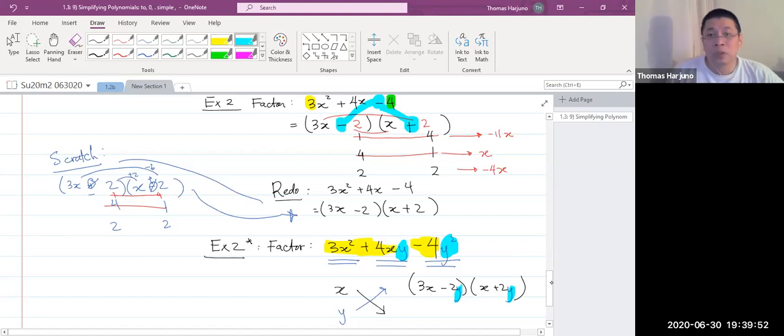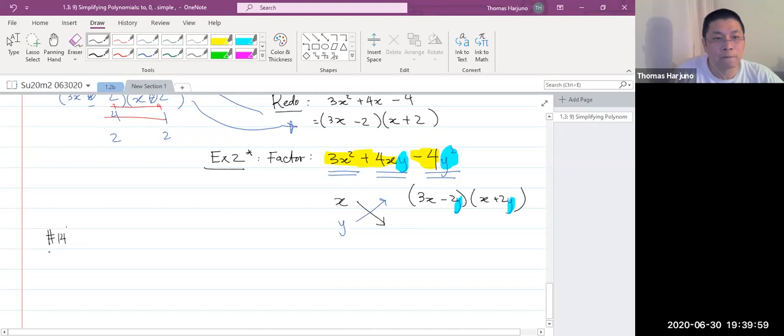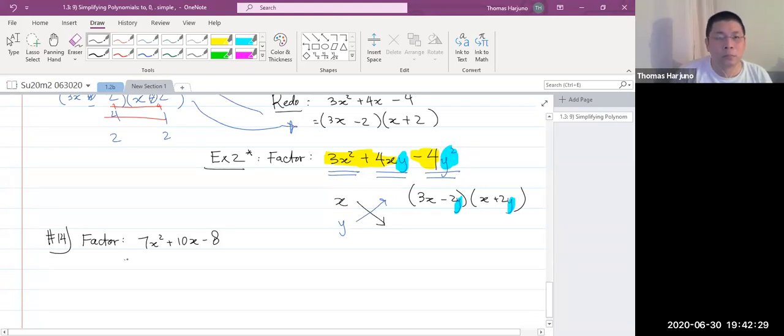Okay, let's do one example from our textbook. This is question number 14. Factor 7x squared plus 10x minus 8. Okay, let me give you 1 minute for this. So this will be 7x and x.